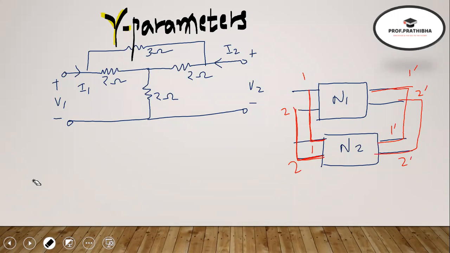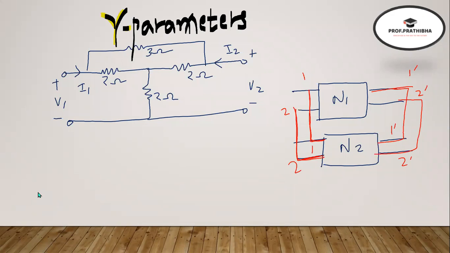Can you see the two networks? Which two networks can you see? When you look at this, what kind of two networks do you see? Can you identify the two networks? Yes, I hope you can see the T network.